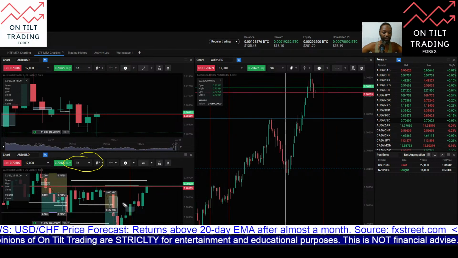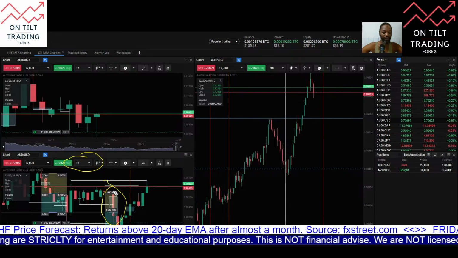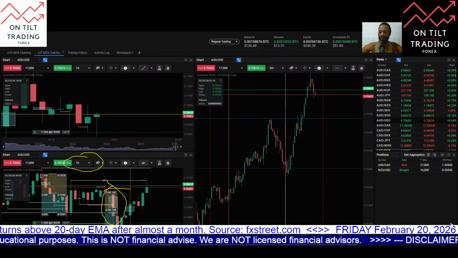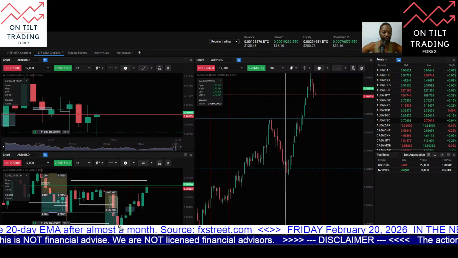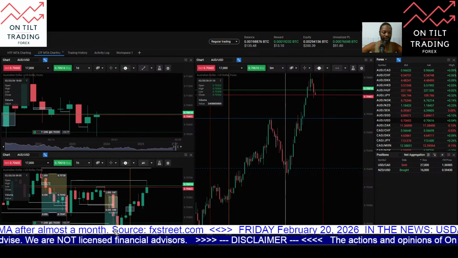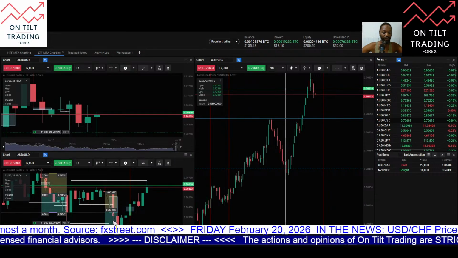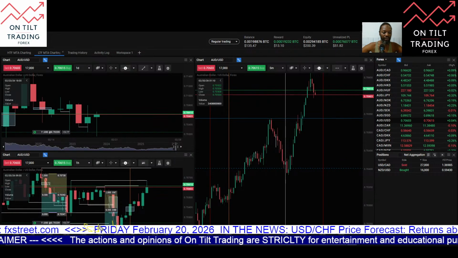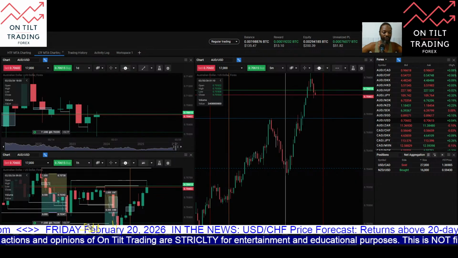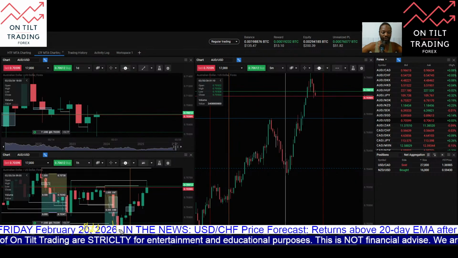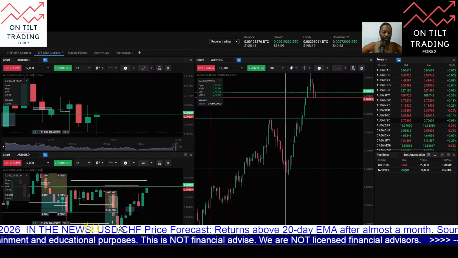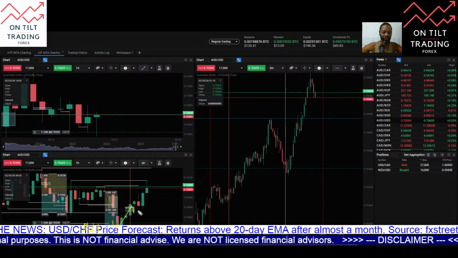And then on the 1 hour chart, you can see this is the Fibonacci dealing range for the Asian session. Price action was bearish, and then price traded below this swing low on the 1 hour chart, which is also in correlation with the low of the previous day. Price traded below that and then began to deliver to the buy side.